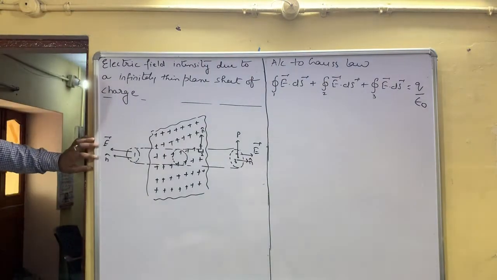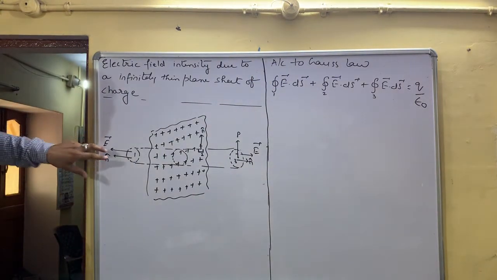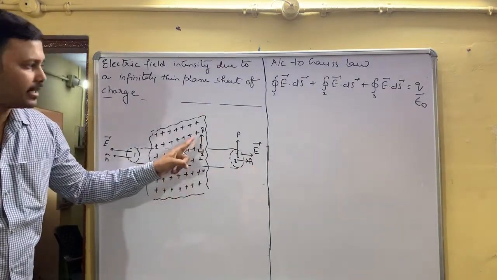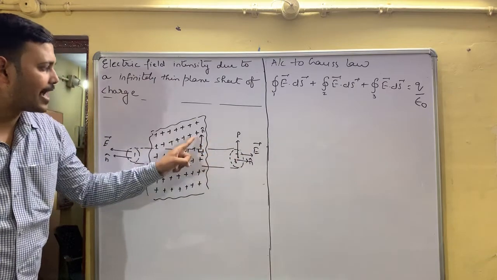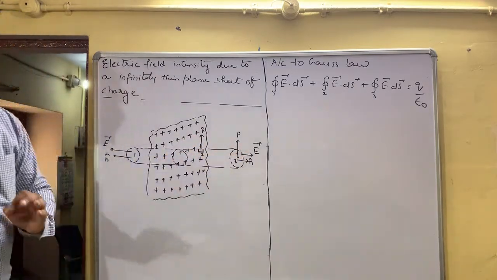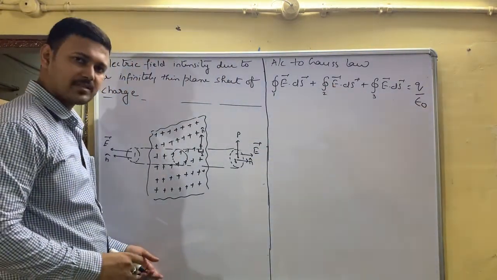So we can see E and unit vector n making an angle of 0 degrees over here, 0 degrees over here, but 90 degrees in the middle region. E over here and area vector n over here are making an angle of 90 degrees. Hence, region 2 will be equal to 0.